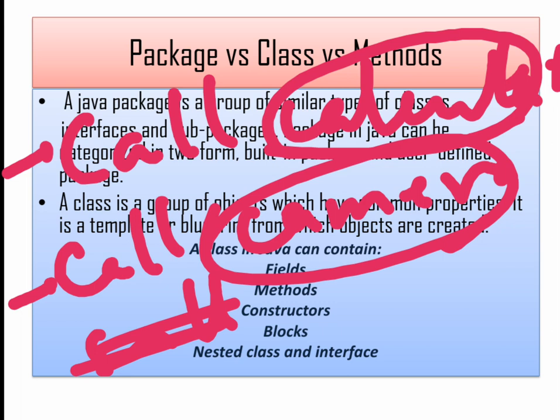That means we buy the mobile for what? For using the functions, or not? Suppose you have a mobile by which you are not able to call anyone. Are you going to buy that mobile or not? No, we don't buy it. As our choice, the functions of anything are very important.